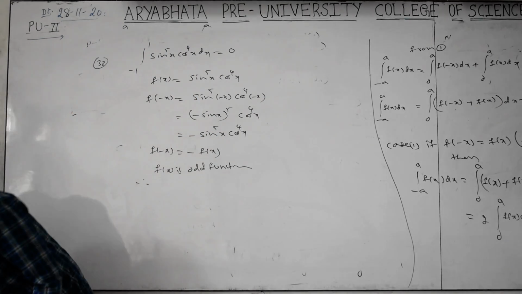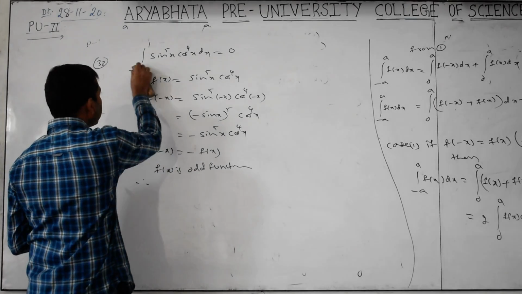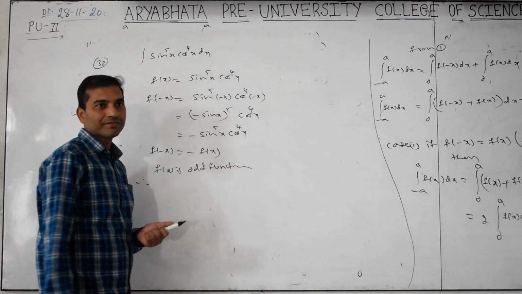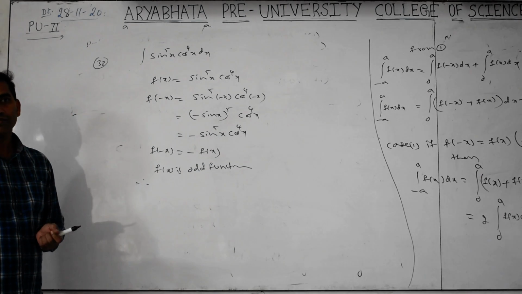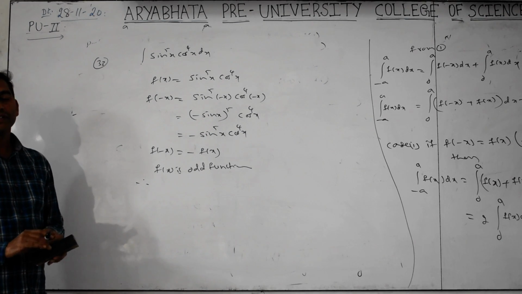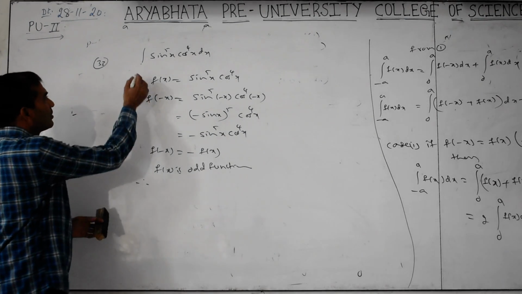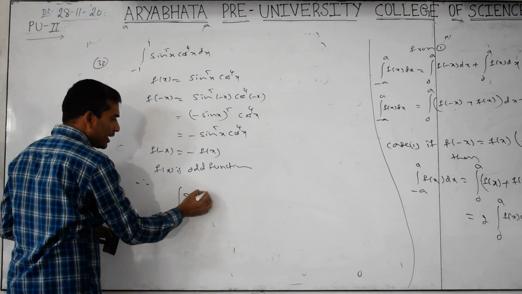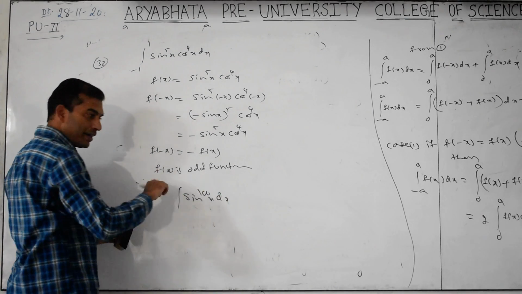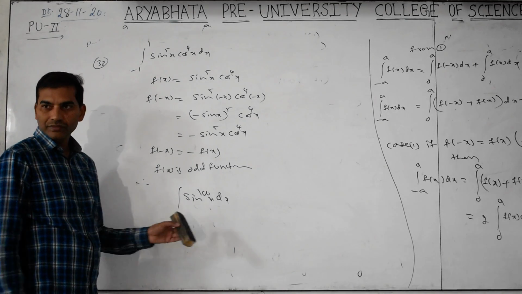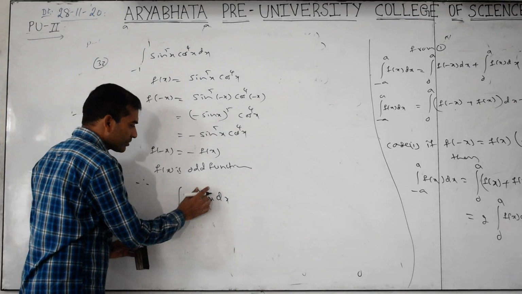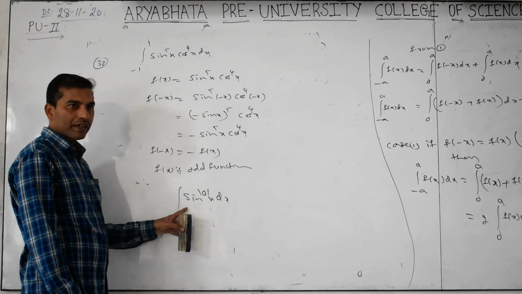If there are no limits, finding the integration is very difficult. It takes time. By using the property, it becomes easy. See, finding the integration of sin power 100x takes time. Sin power 100x or 101x. How to find it?